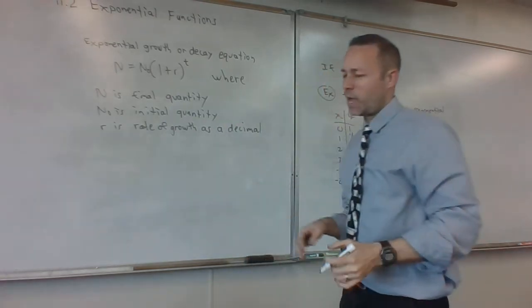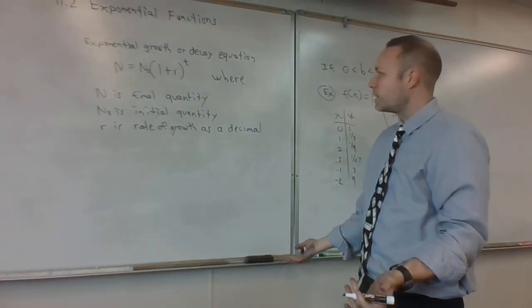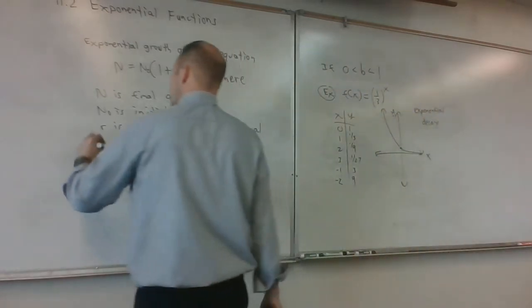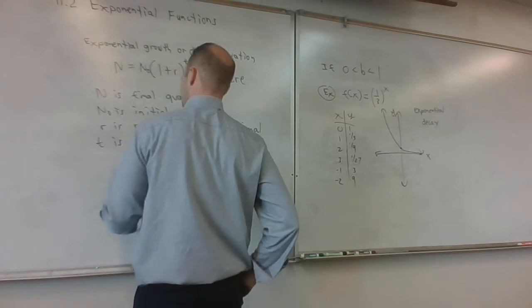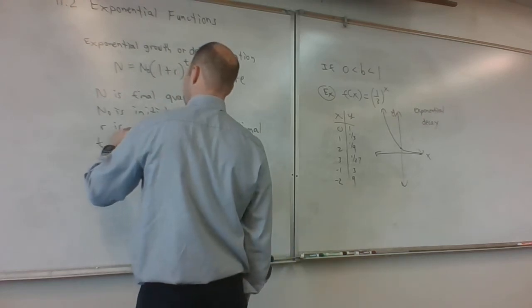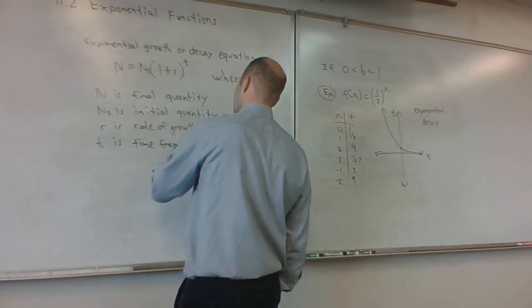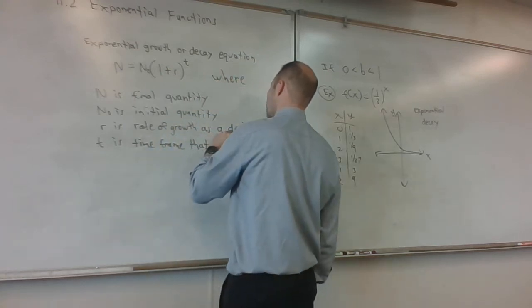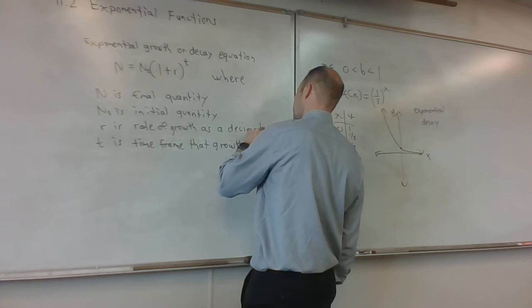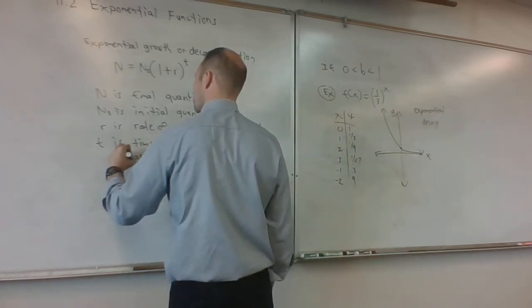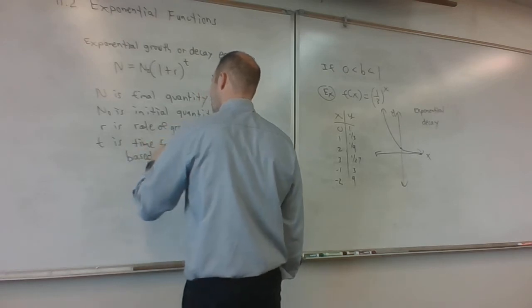In other words, if you have a 20% growth rate, R would be 0.2. And then T is the time frame that the growth rate is based on.